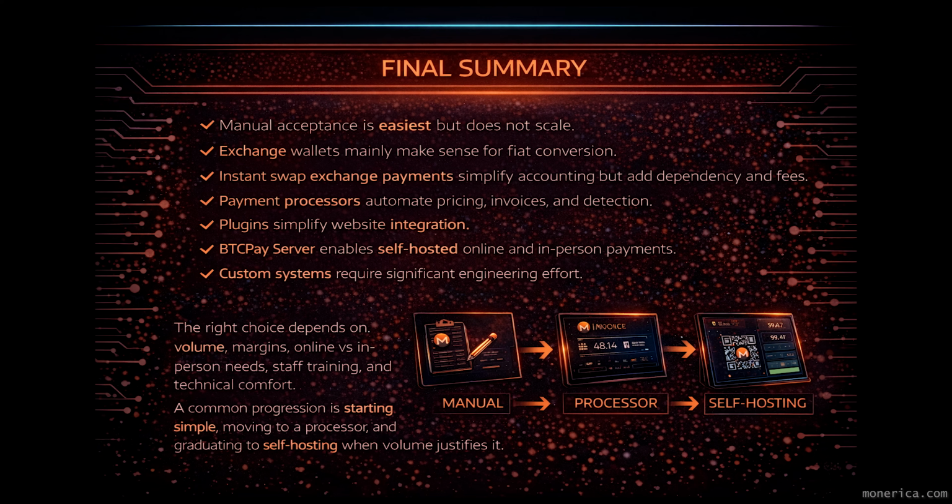Custom systems require significant engineering effort. The right choice depends on volume, margins, online versus in-person needs, staff training, and technical comfort. A common progression is starting simple, moving to a processor, and graduating to self-hosting when volume justifies it.